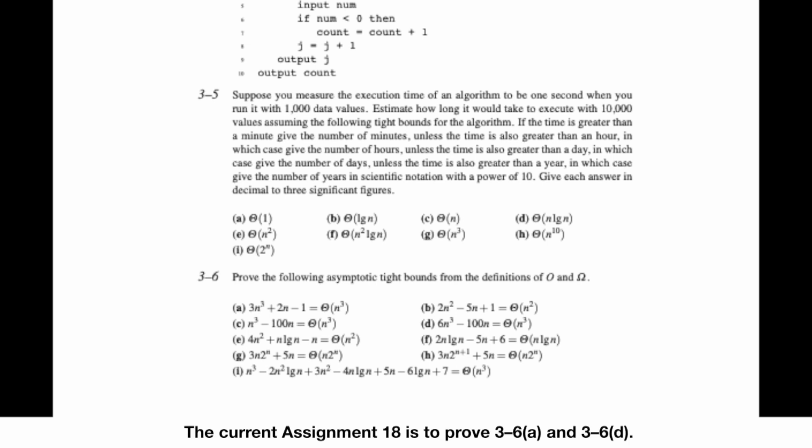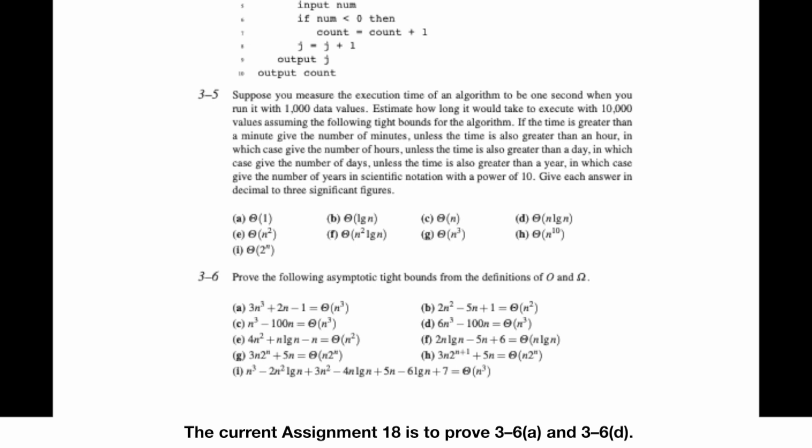So how would you prove that? What do you have to prove to show that it's big theta? You have to prove that it's big O and big omega. Remember how to set that up?